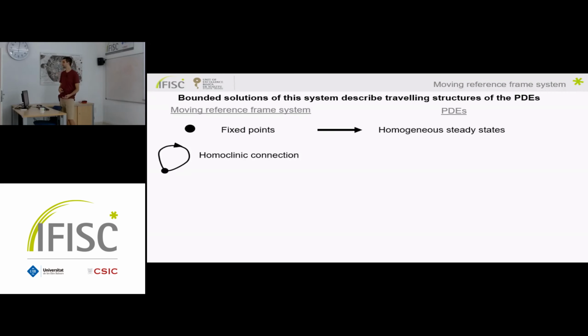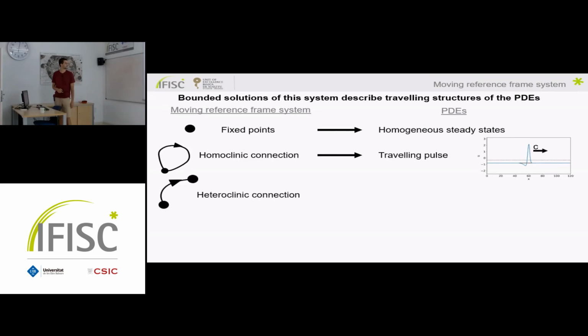Homoclinic connections of this moving reference frame system, that are a trajectory that goes from one point and comes back to itself, will describe traveling pulses. Heteroclinic connections, that are a trajectory that goes from one fixed point to another, will describe fronts that go from one state to another.